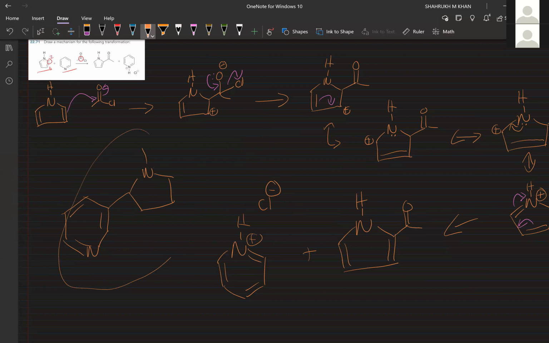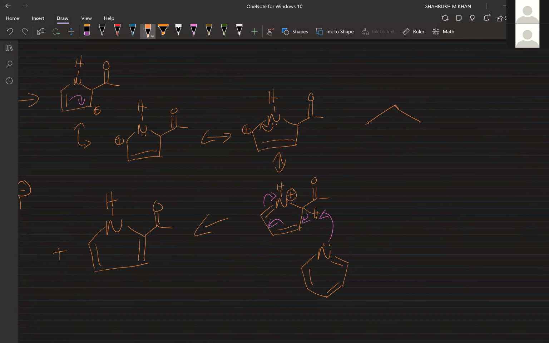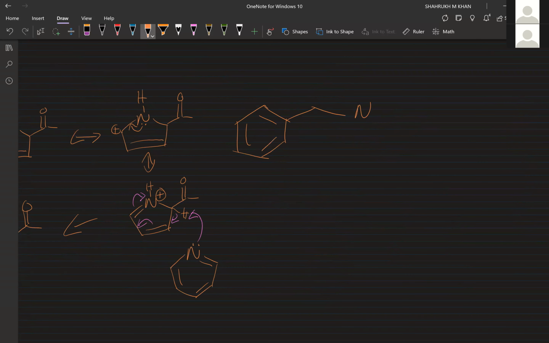Anyone know what this amine is here? It's one of the most addictive substances. No, it's not meth. Meth is... pretty sure that should be meth.